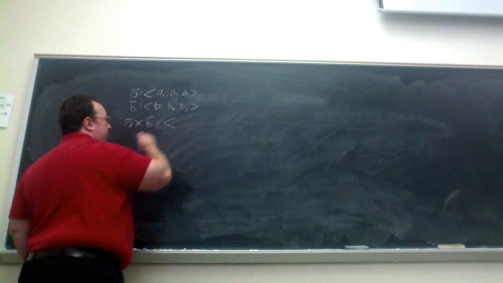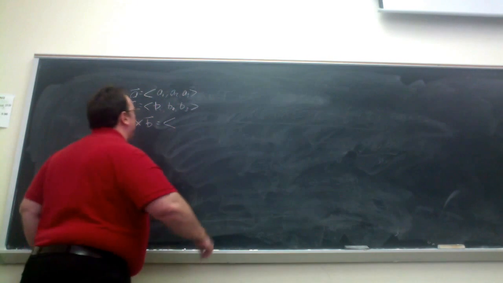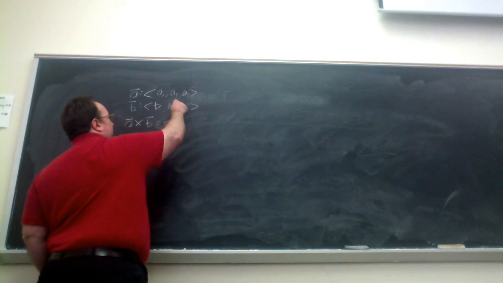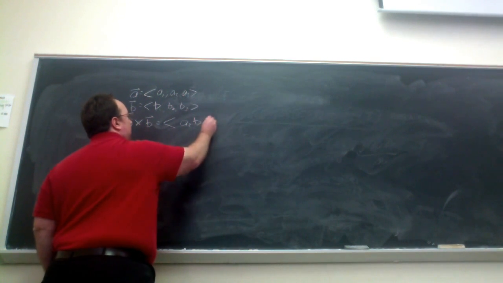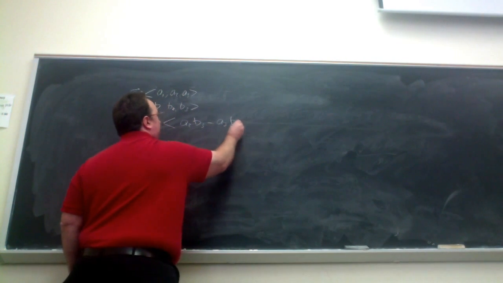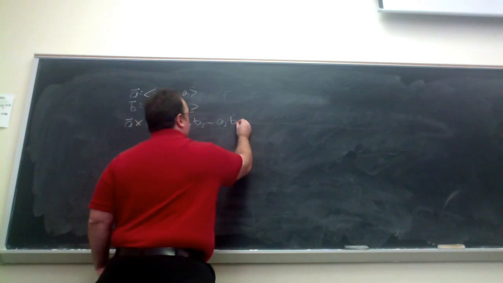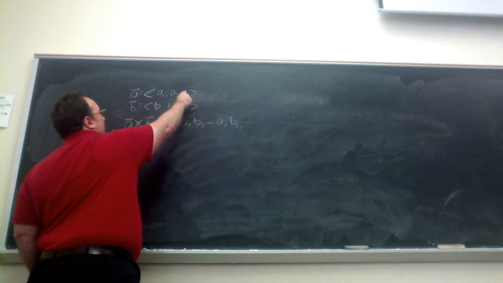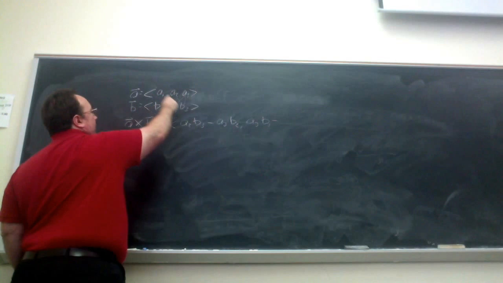Remember, dot product is a number. That's a result. The cross product of two vectors, the output is a vector. It seems a lot of students have trouble keeping these straight. So you're going to basically get a string of 2 by 2 determinants. So A2, B3 minus A3, B2. So for the x component, you're doing this, basically a 2 by 2 determinant. For the y component, it's A3, B1 minus A1, B3.